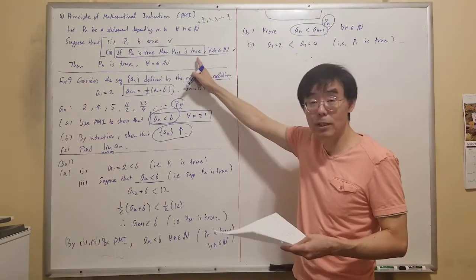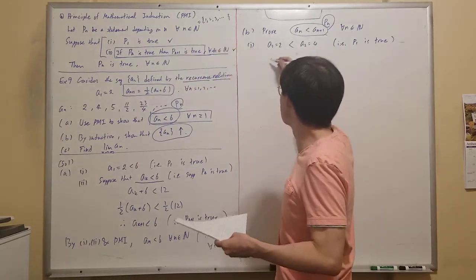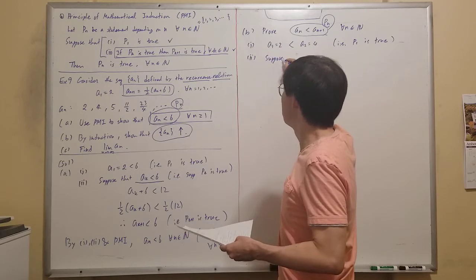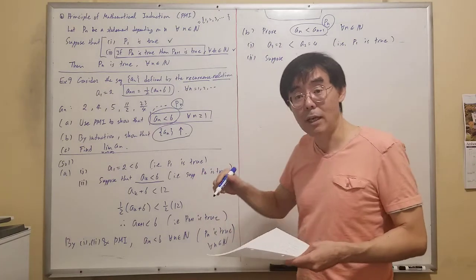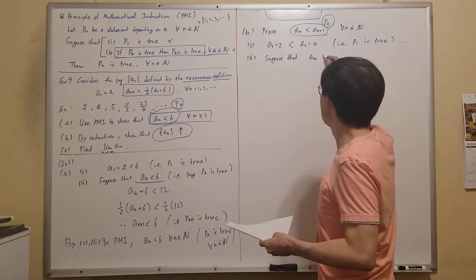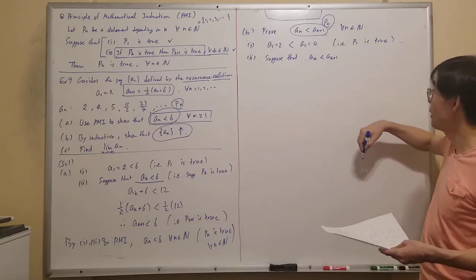Now we have to do the induction part. We call it the induction step. So, suppose that Pk is true. The k-th statement is true, which means ak is less than ak plus 1.